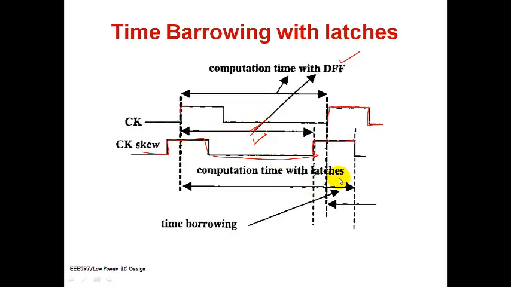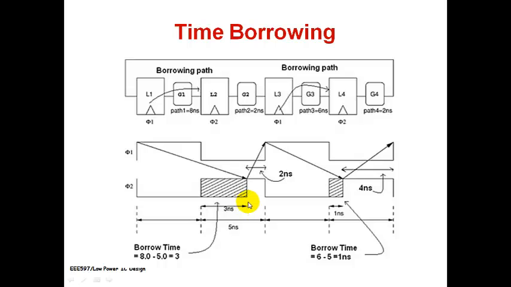But given with the latch arrangement, I have one particular latch operating with one phi and the other phi. Till such a point is reached, I have the computation time possible, and this difference what I have here is called the time borrowing, what I mentioned in the previous slide.